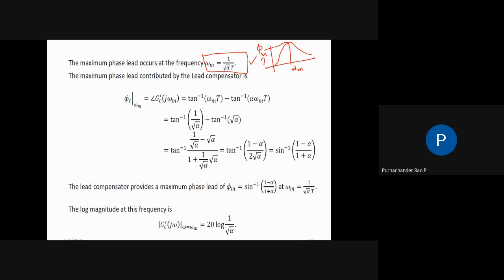This can be obtained by substituting the value of omega m in the phase angle equation. The phase angle equation is tan inverse of omega into t, but instead of omega, we substitute omega m.